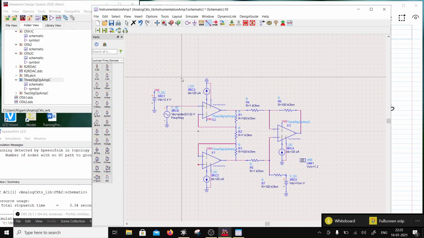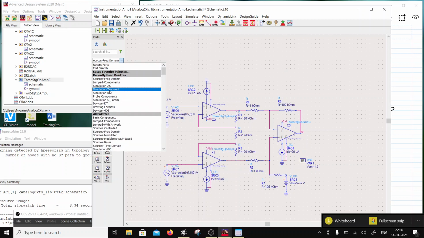So this is my one input, which is a non-inverting input, and this is my inverting input, which will be 180 degrees out of phase. So I'll put here 180. So this gives me a differential input, and this is my common mode. So this is my output, which I'm going to name as VO. Basically this completes the instrumentation amplifier.